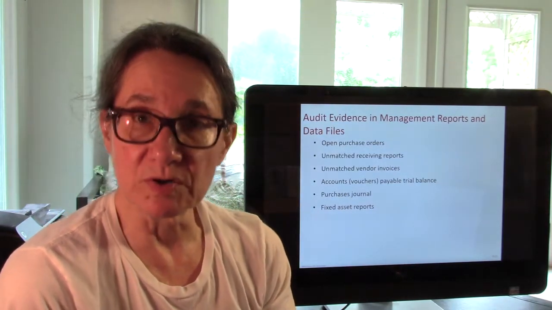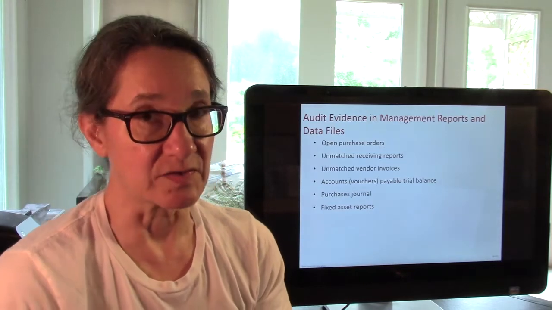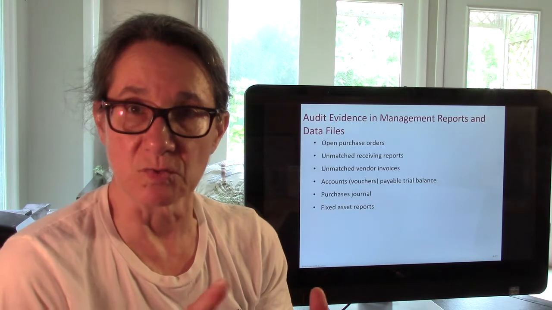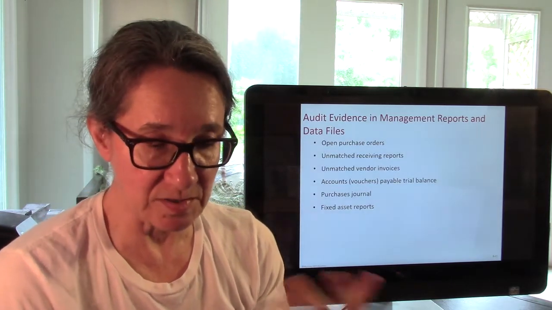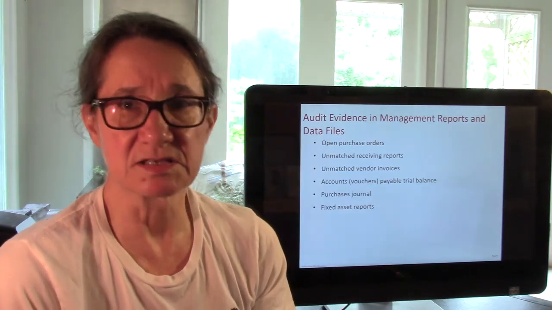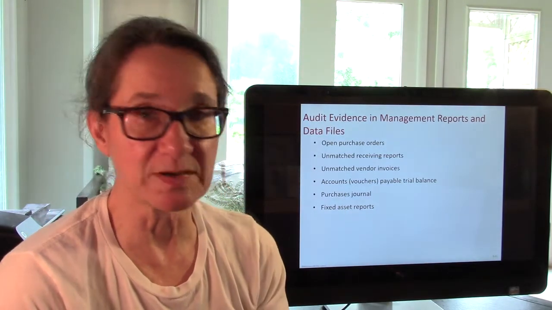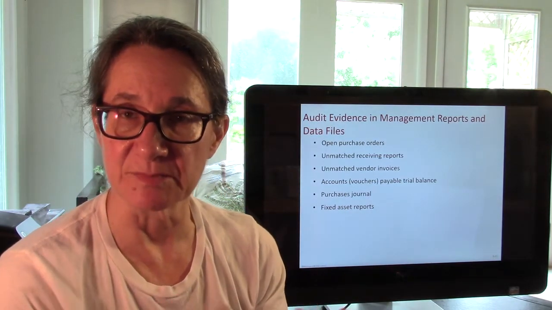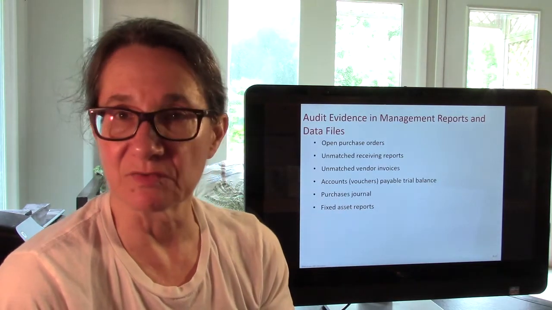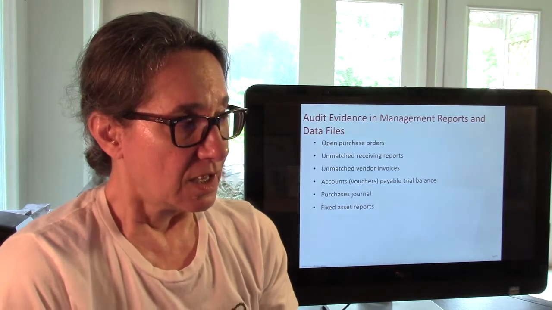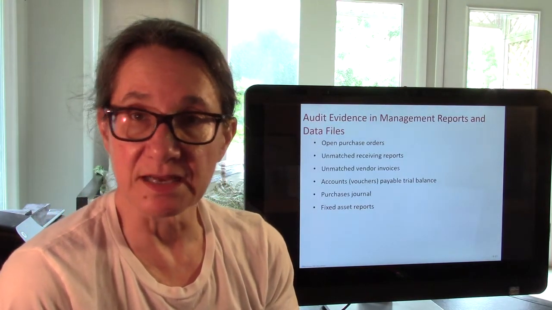Again, when we're purchasing fixed assets, that's just another purchase. So we're not necessarily only purchasing inventory and expense items. We could be purchasing desks, computers, robots, right? So there should be a report on fixed assets that I can match up to those purchases, receiving reports, things like that. So I'm going to look at the client's data and get evidence from that.